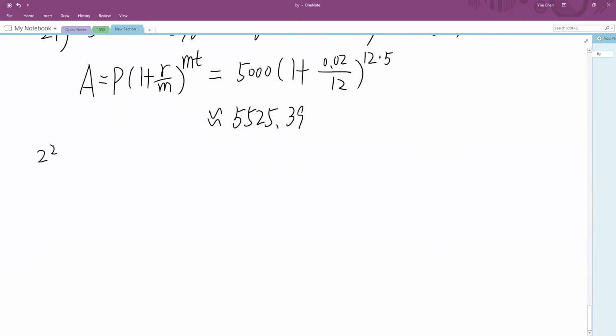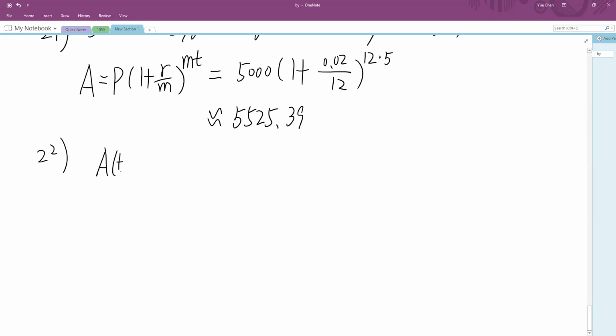22. A sample of 20 grams of radioactive substance decays according to the function. This is the exponential decay problem.